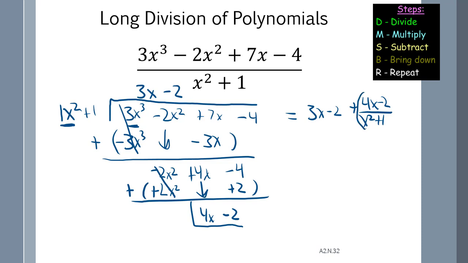So you can put that in parentheses like that if you'd like. It's a bit easier. So again, you have 3x minus 2 plus 4x minus 2 divided by x squared plus 1.